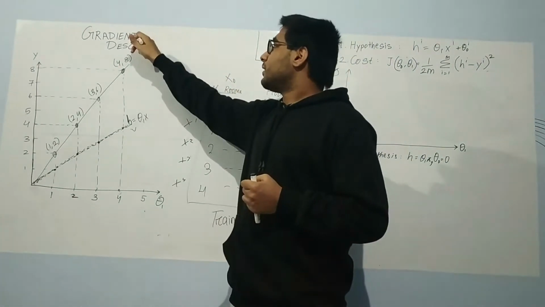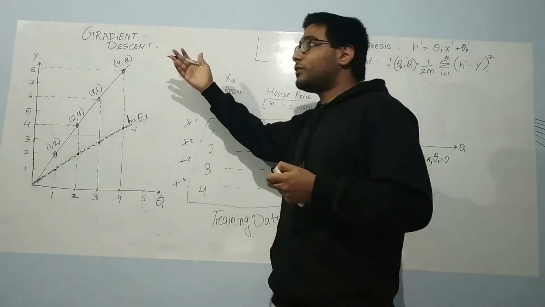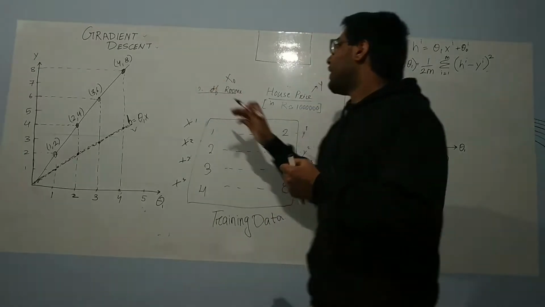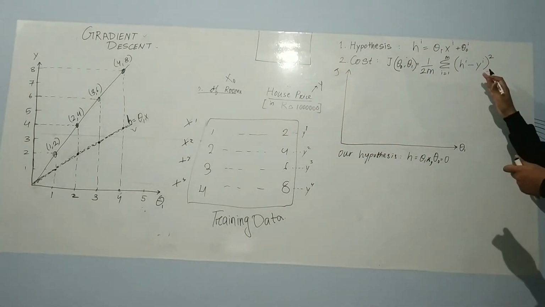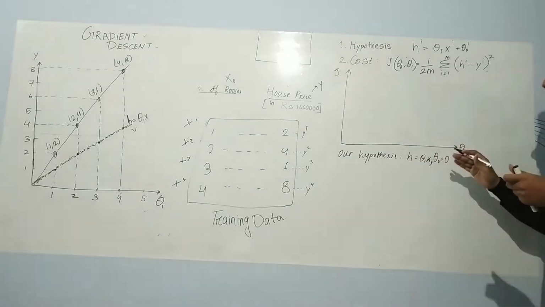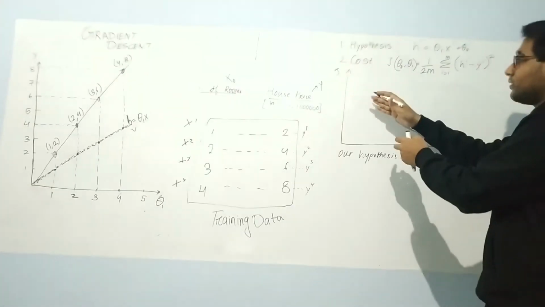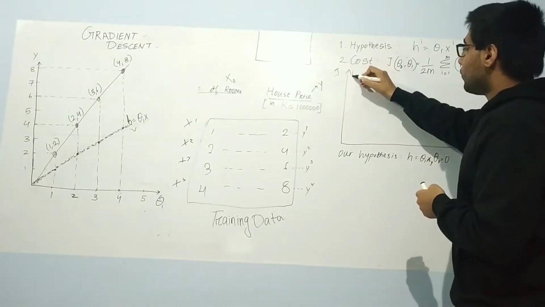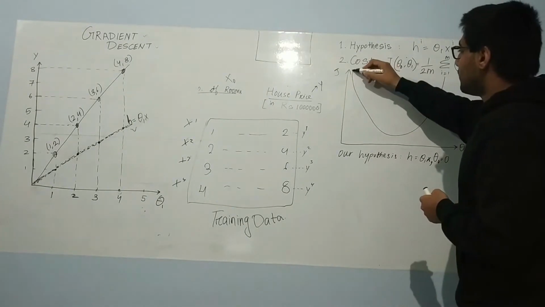First of all, gradient simply means the differentiation of a function, and for descent we will have to come to this explanation. Now look closely at the cost function, and since our hypothesis is h equals theta 1 x, if we plot the cost function here, it will give a paraboloid graph, something like this.